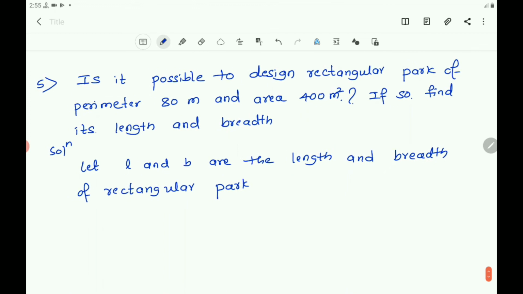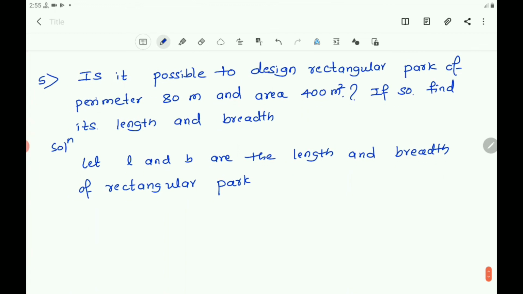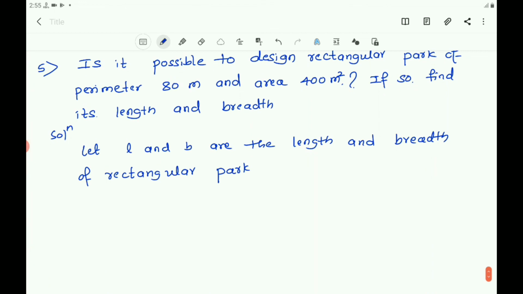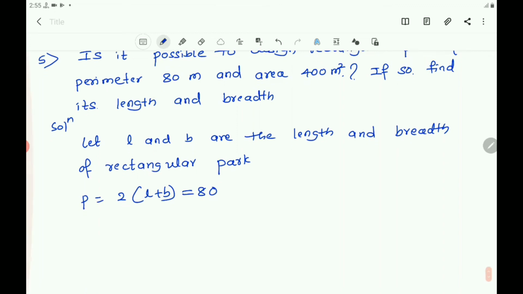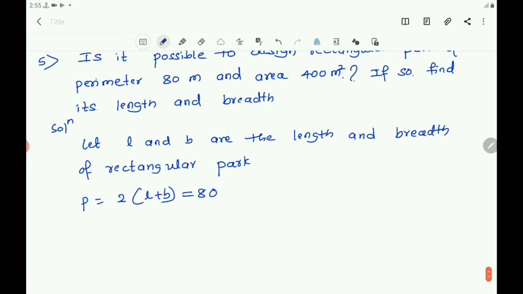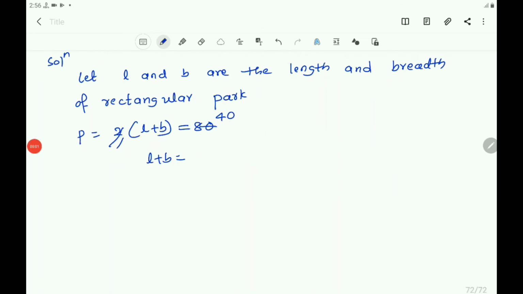Now it is given that the perimeter of the rectangular park is 80 meters. The formula for the perimeter of a rectangle is 2 into (L plus B), which equals 80. Then L plus B equals 40.